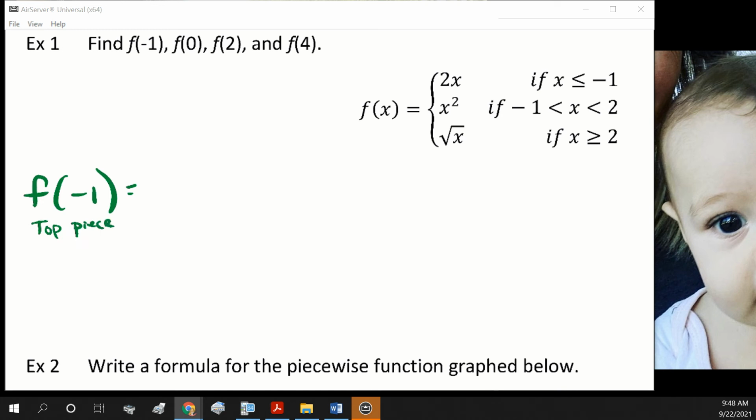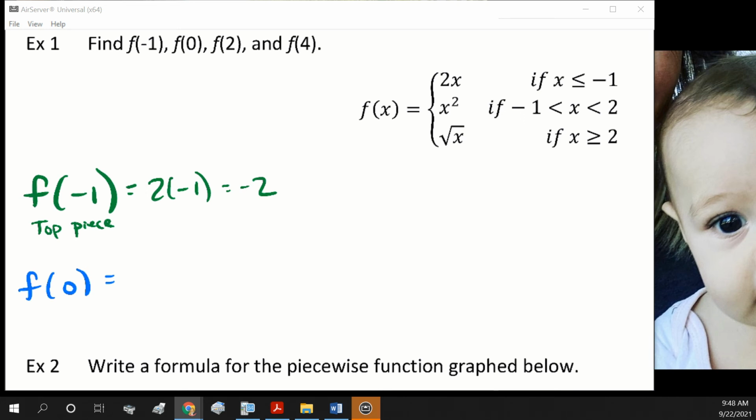And the top piece is 2 times x. So we do 2 times -1, which is going to be -2. So evaluating a piecewise function is just like evaluating any function. You just have one extra step where you decide which piece you're going to use. All right, let's do f of 0.